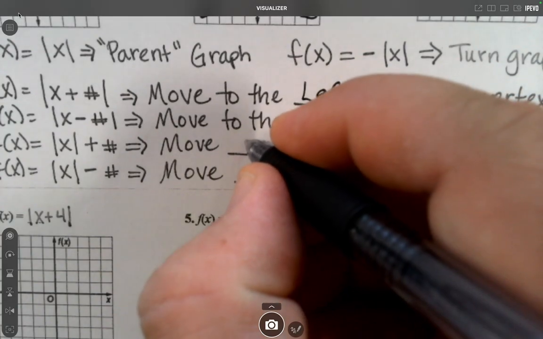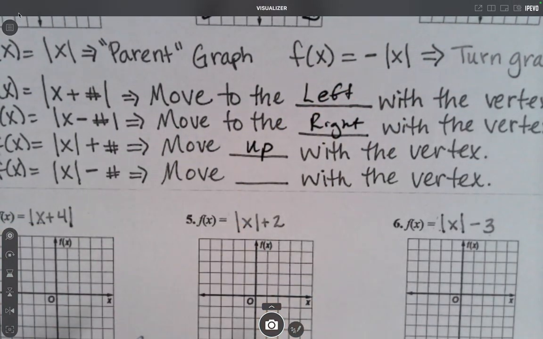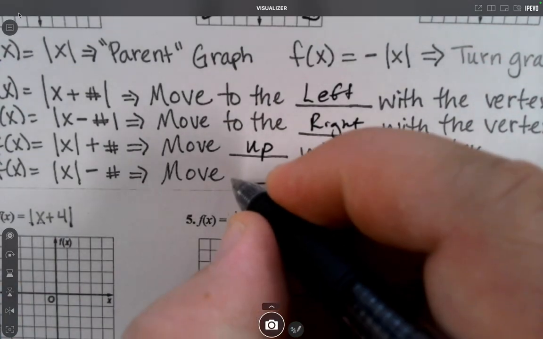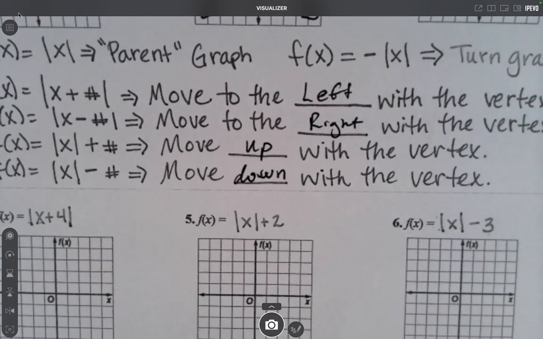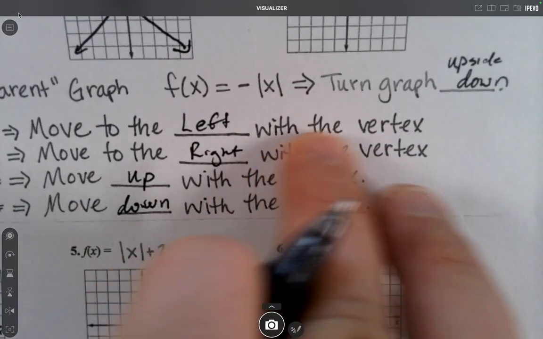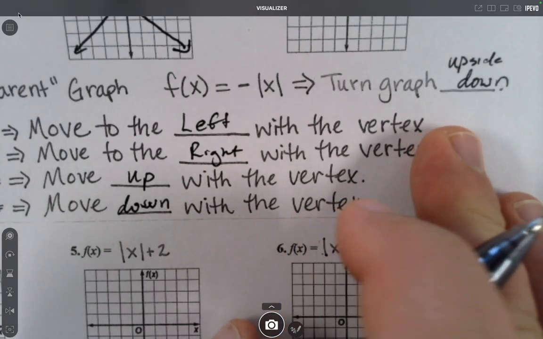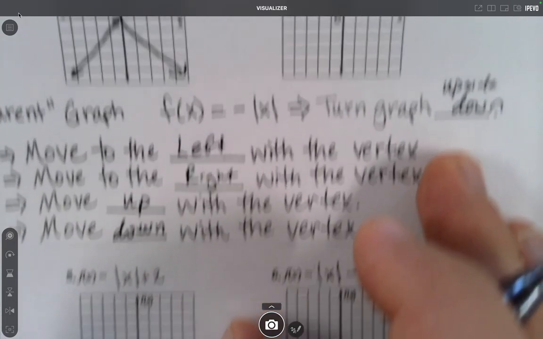Plus moves it up that many. Again, if that was a plus 4, that means you move the graph up 4 units. If it's minus 4, you'd move down 4. So if you can just put these 5 things in your mind, you can do these questions very easily, because all we're trying to do is graph them on this.